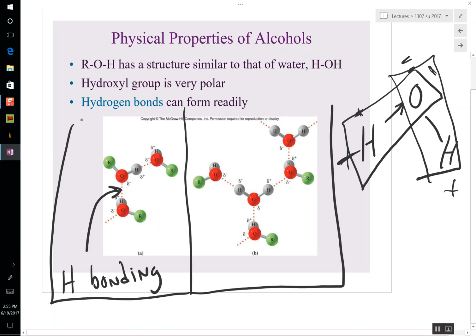The oxygen on the water is hydrogen bonded to the hydrogen on the OH of the alcohol. And the hydrogen on the water is attracted to the oxygen on another alcohol. You get all this hydrogen bonding, which means that polar alcohols are soluble in polar solvents like water.